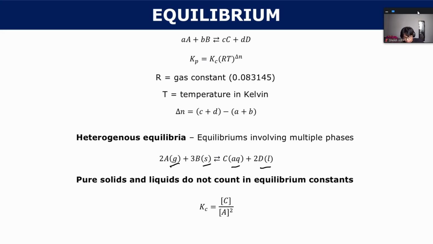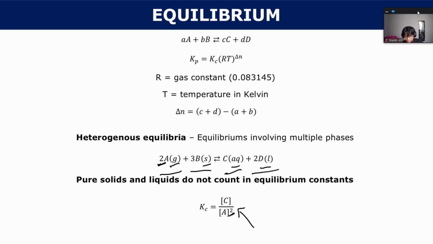So you can see how the B here is a pure solid and the D here is a pure liquid, and therefore they're not going to be included in our equilibrium constant. The aqueous here is included because it's not a pure solid or liquid, and the gas is also included. And you can see here that there's an exponent of 2 because there's a coefficient of 2 on the A. And so the exponent is going to be stoichiometric.